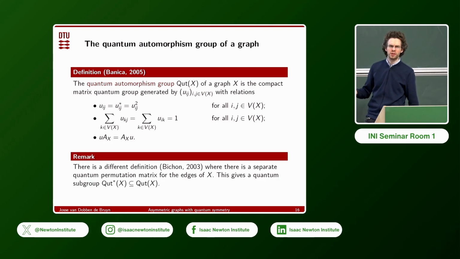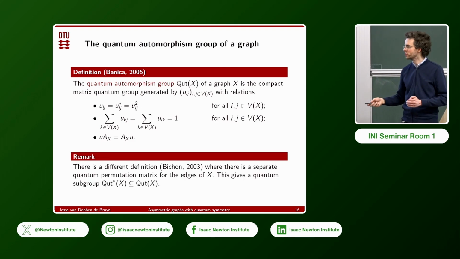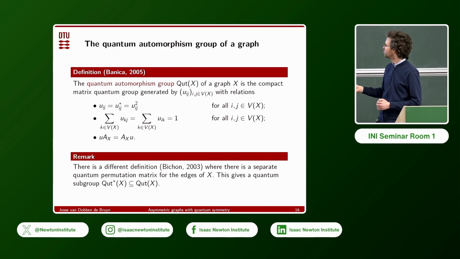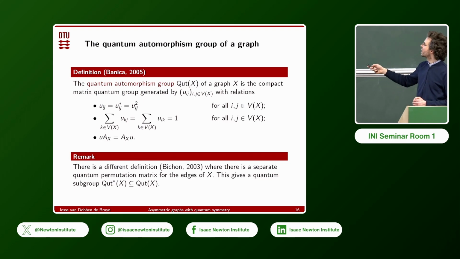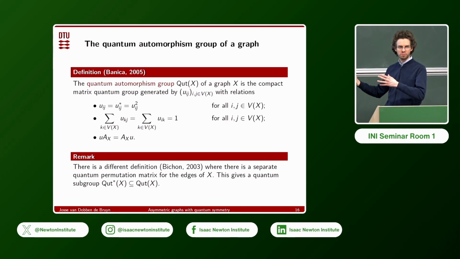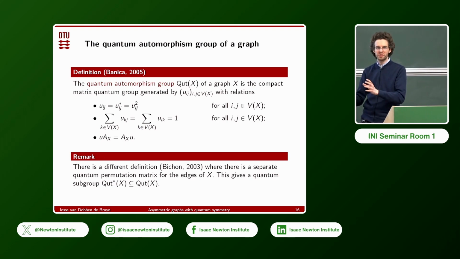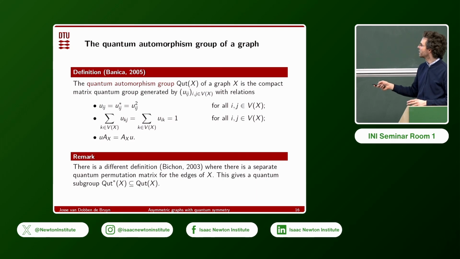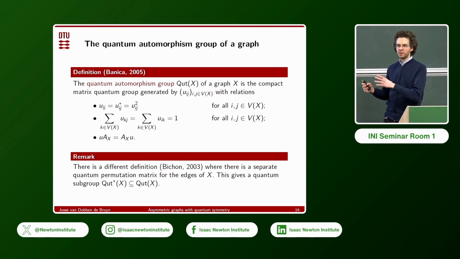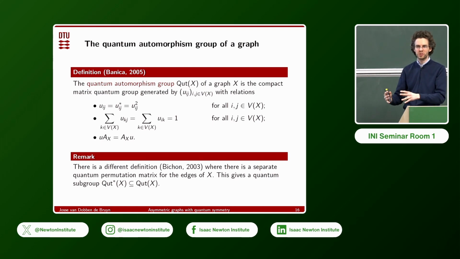And I should point out that there is a different, incompatible notion of the quantum automorphism group of a graph. For Banica's definition, the notion of an action of a quantum group on a graph is only permuting the vertices in a way that's compatible with the adjacency matrix, but Bichon adds this condition that there's also a quantum permutation happening on the edges.